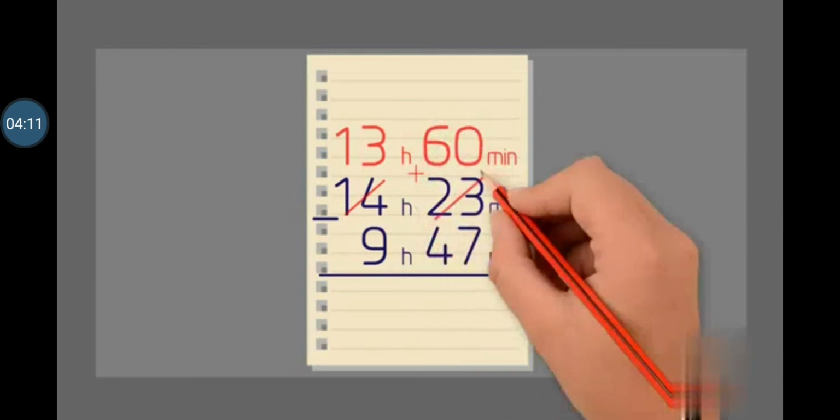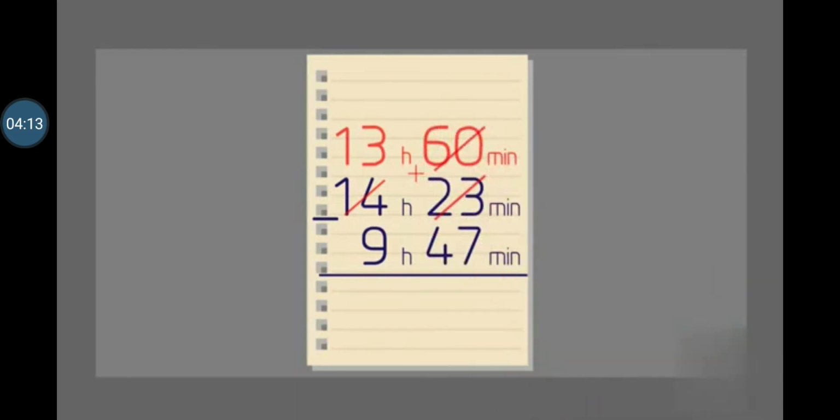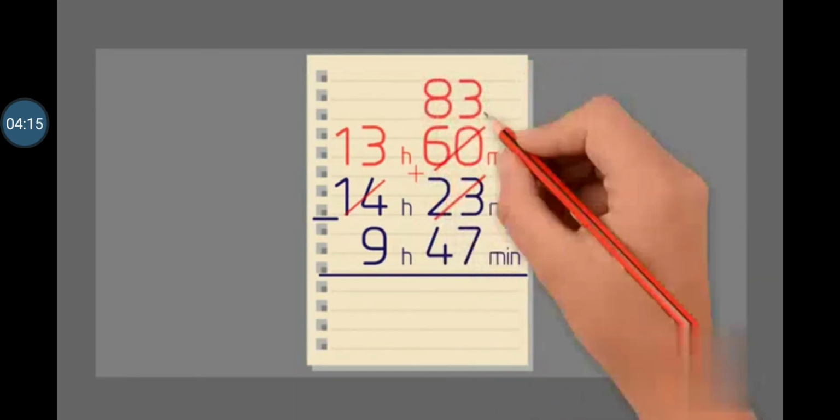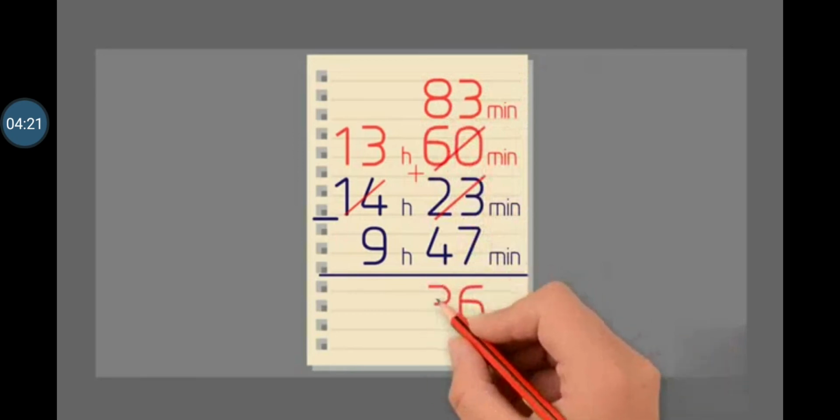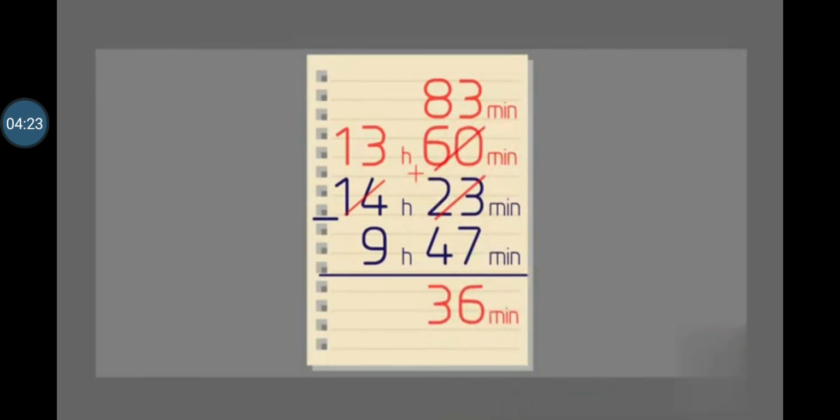These are 13 hours now, and after adding 60 minutes, we have 83 minutes. Now we have to subtract 47 from 83 minutes, and we are getting 36 minutes. And after subtracting the hours, we are getting 4 hours.